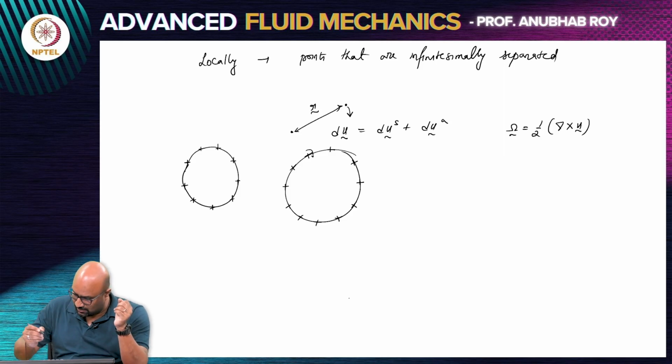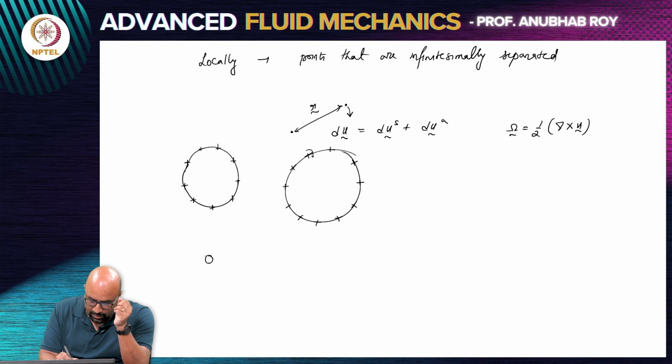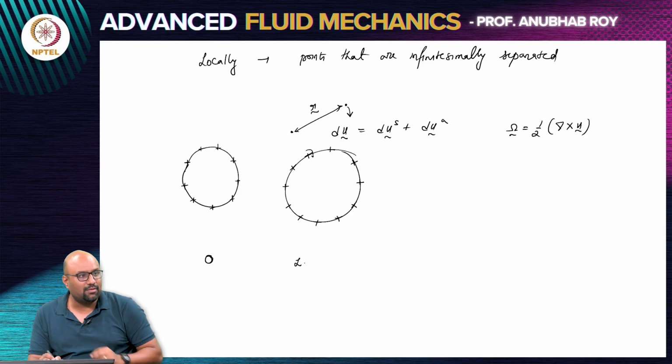One way to do this is, if you consider a small spherical element, again the same assumption that this object is infinitesimal in size, and you ask what would be the angular momentum for this particular element.